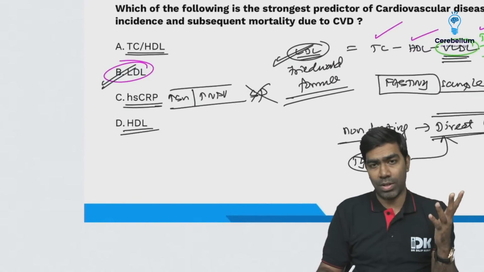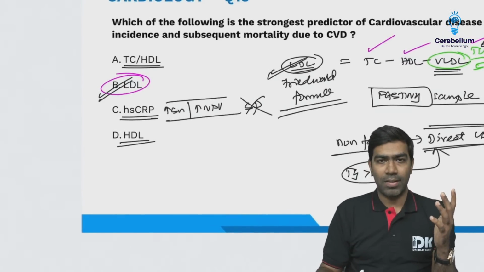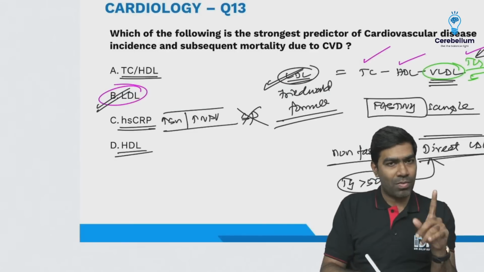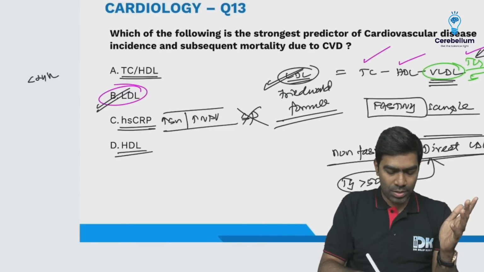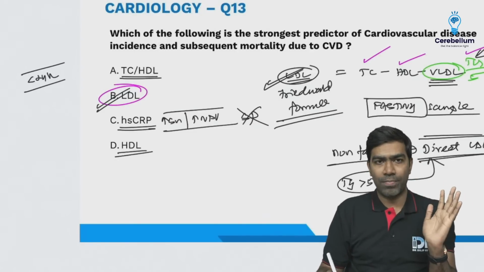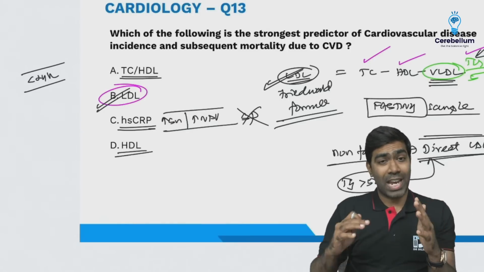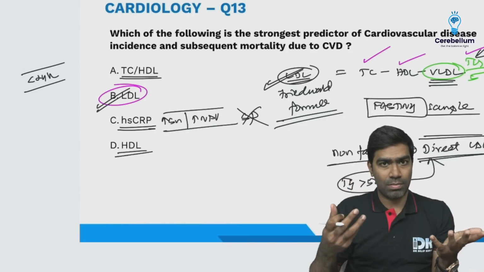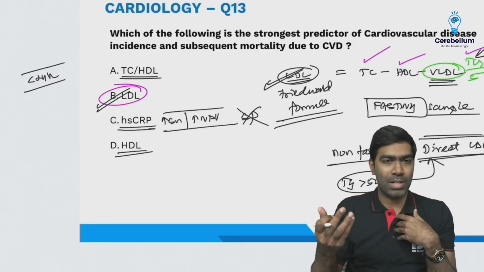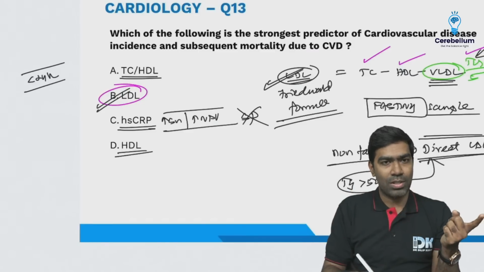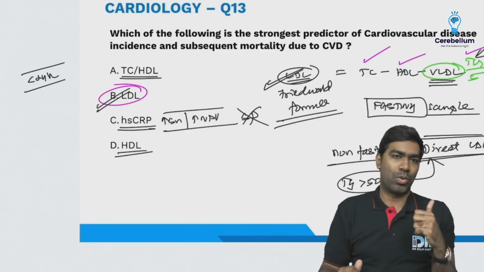There is another question in the exam that was asked in 2019. When will you do the lipid profile in a patient with MI? Remember, the best time to do lipid profile in a patient with MI is in the first 24 hours. After 24 hours, because of catecholamine surge, because it's a stress reaction, the body is under stress, the LDL levels may be falsely low.